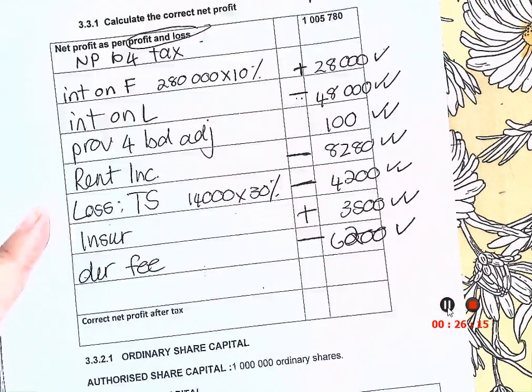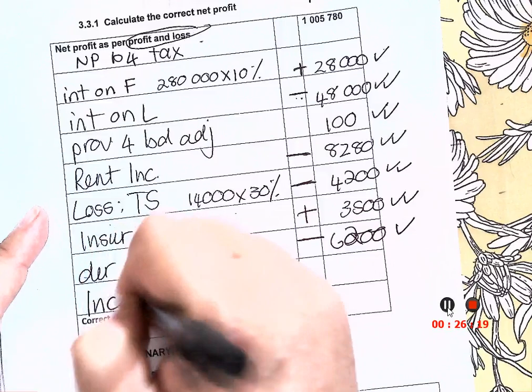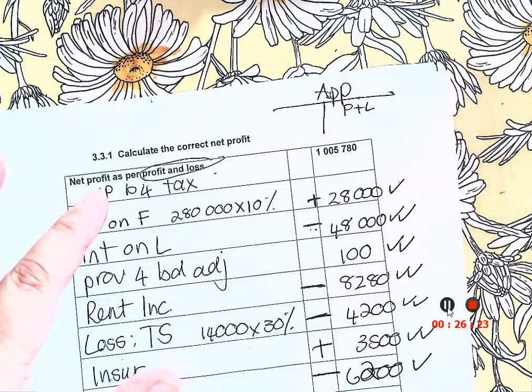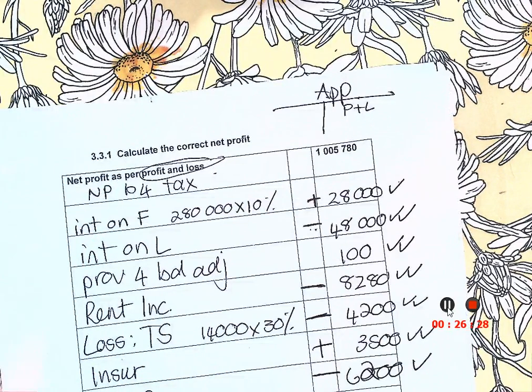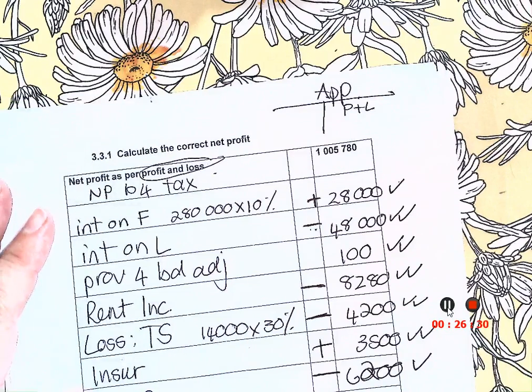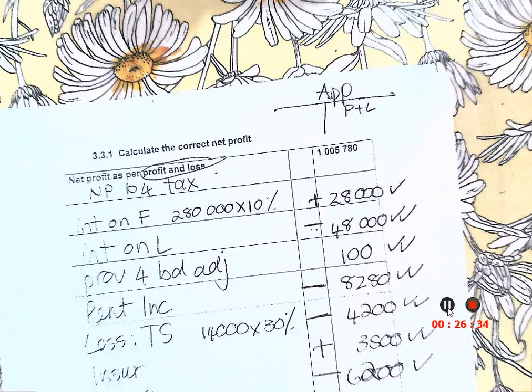Now, they say here profit after tax. So I still need to fix my income tax. Remember, this top one here can differ. Don't assume because in this question it's like this, it's going to be like this in the next question. You need to go read what profit they give you.